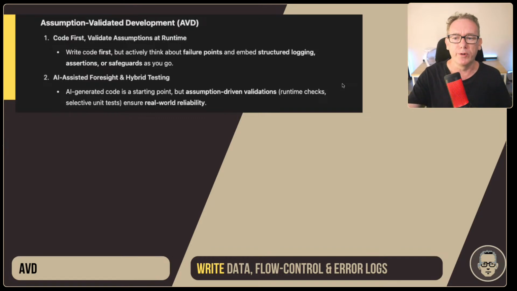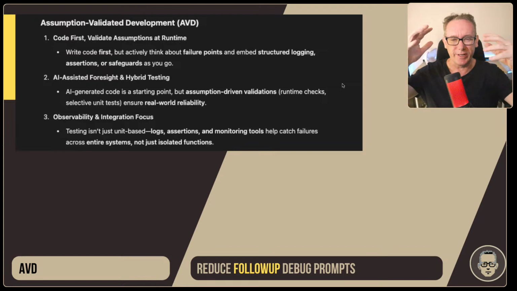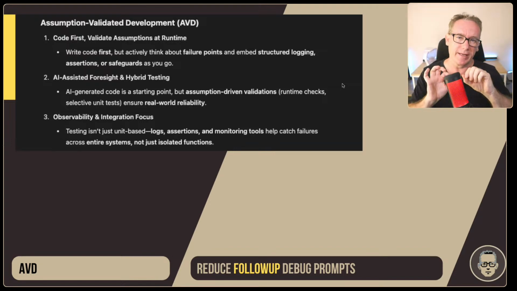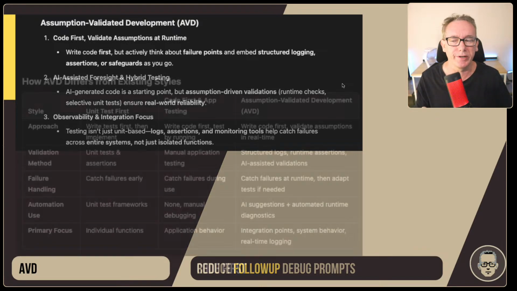So what I'm looking to do with this sort of testing is make sure that I've got logging put in place, that it's looking ahead of what problems might happen, not just in the component it's writing, but in the workflow. Like, how does it integrate between the previous bit of code that we did, and make sure that it's planning to put enough information in the code at time of generation so that I can look at the logs and go, okay, now I understand why this didn't work.